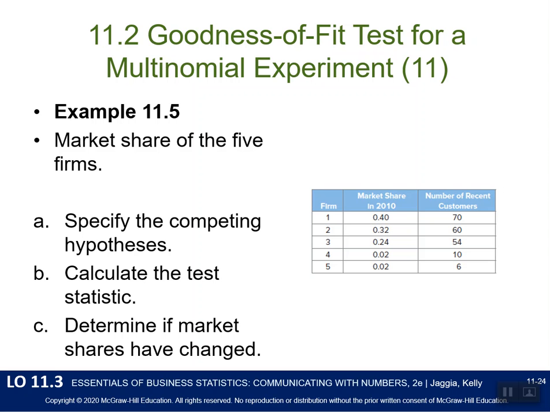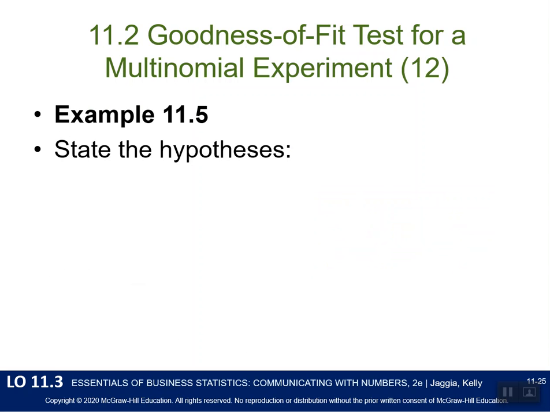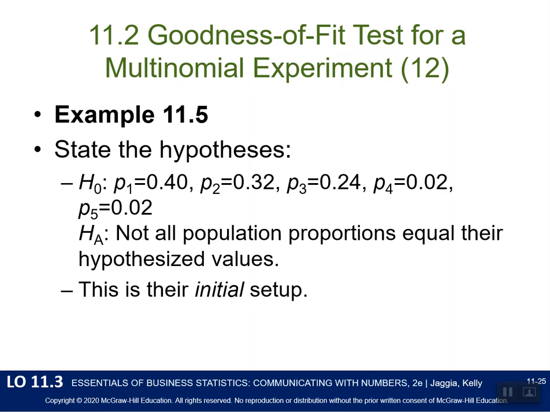Now let's walk through our steps, and then we're going to jump in Excel and actually do this. So the first thing that we have to do is calculate what the expected value is based on our 2010. Well, actually, first we have to state our hypotheses. So our hypotheses are that they haven't changed since 2010.